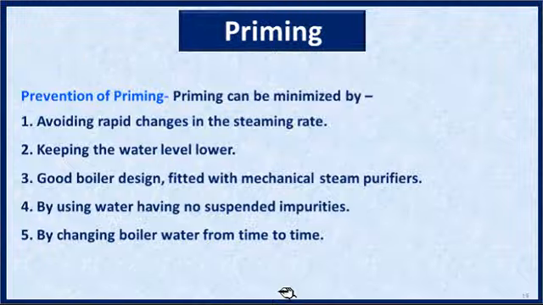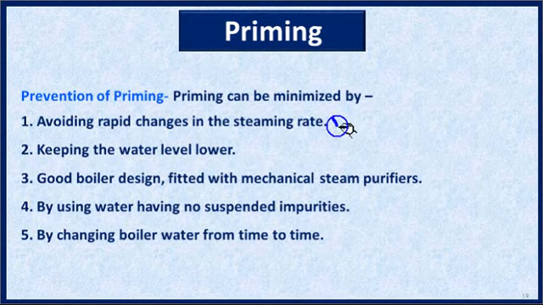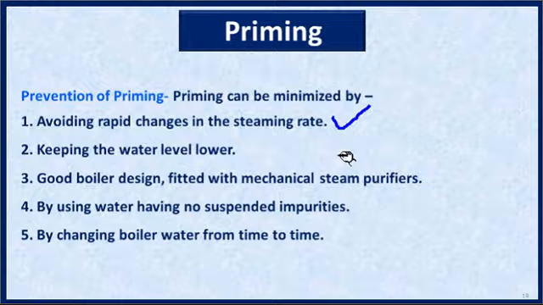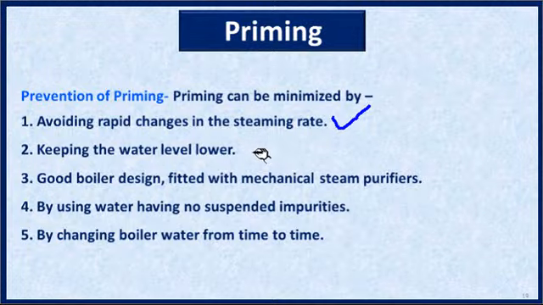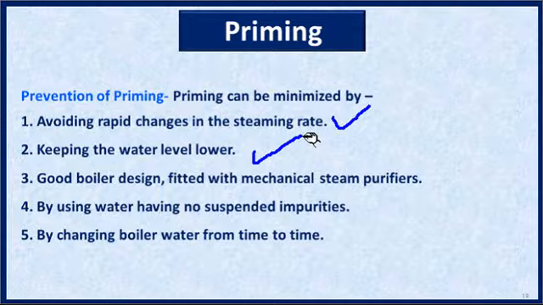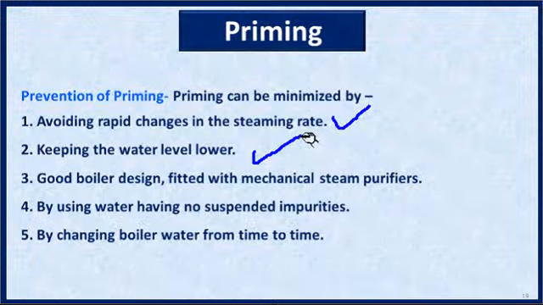So how can we prevent priming? There are some steps through which we can avoid it. First, avoiding rapid changes in the steam rate. That means steam generation should be carried out at a uniform rate. Second, keeping the water level lower in the boiler so that the water cannot be mixed with the steam.